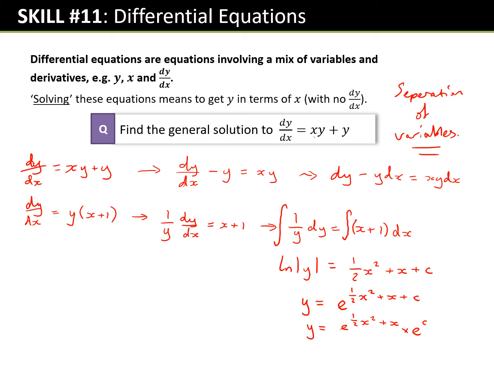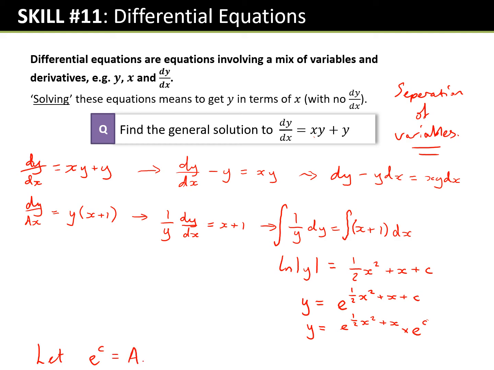Okay, so we've got e to the half x squared plus x times e to the c. Now, e to the c is just a constant, isn't it? E to anything, e to the power of 2 is a number, e to the power of 7 is a number, e to the power of c, because c is a number, this is just a number. So what I'm going to do is let e to the c equal a.